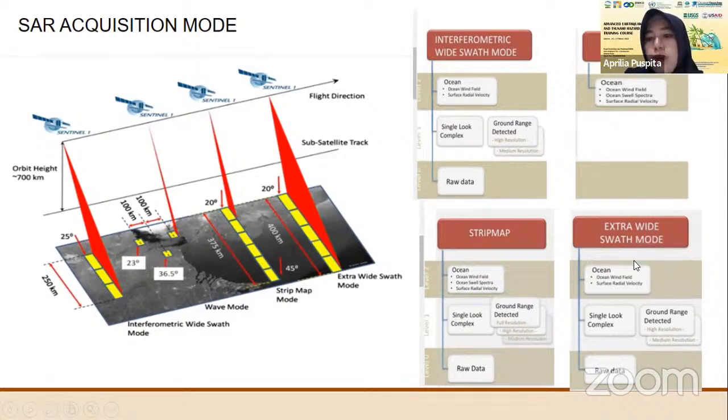The extra wide swath mode or strip map is usually used for ocean study. And this is the area covered by the interferometric wide mode of Sentinel-1. The swath is about 250 kilometers.